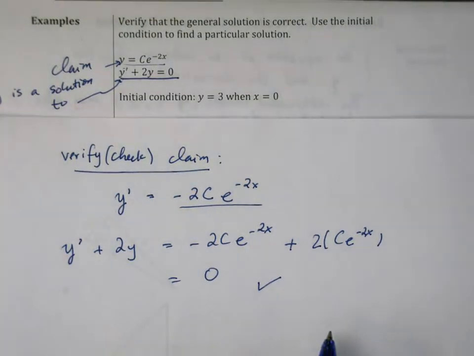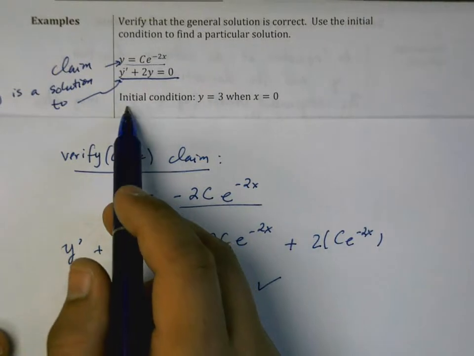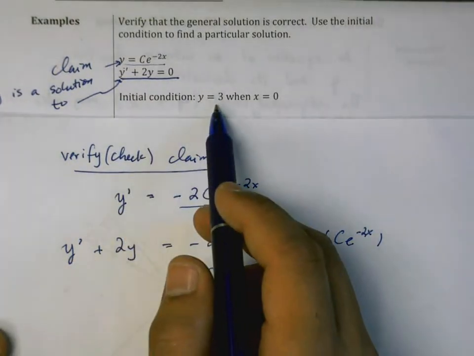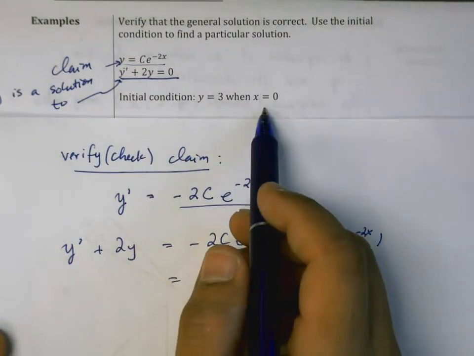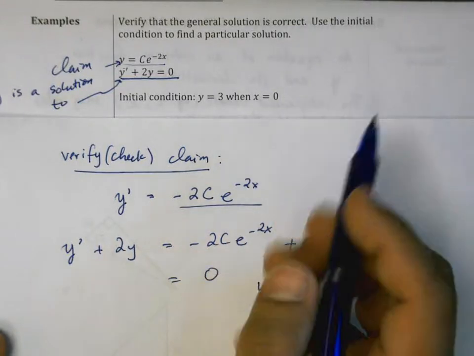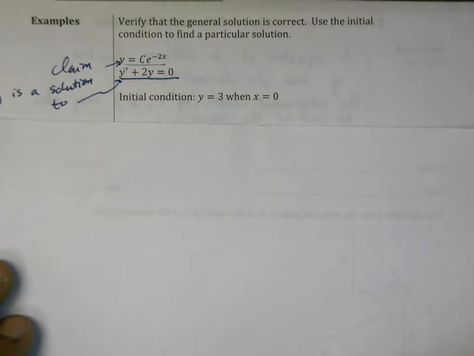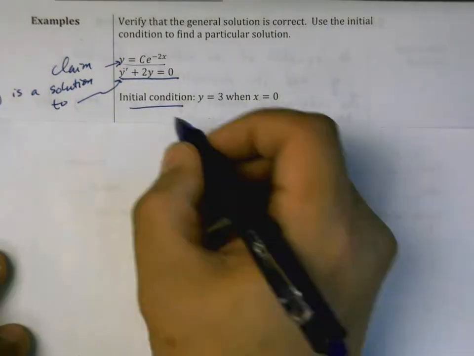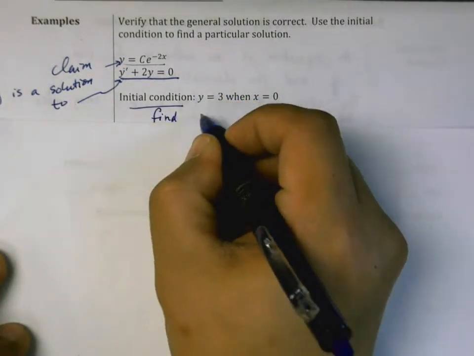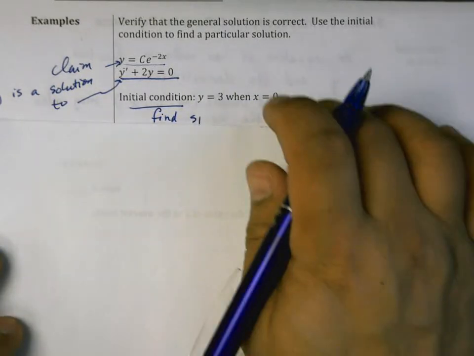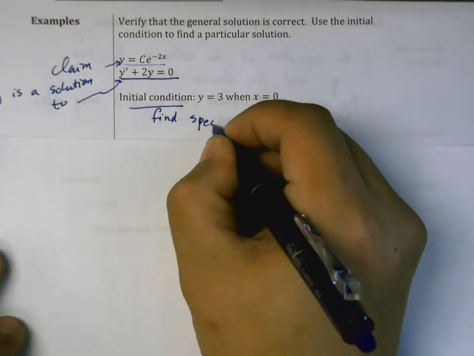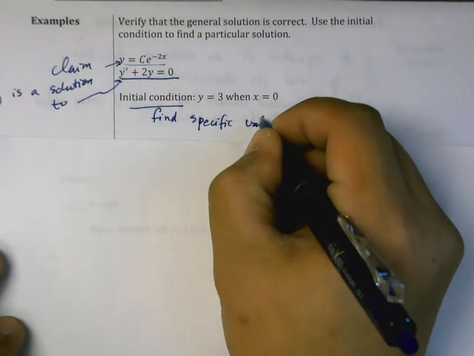In the next part, we're asked that the initial condition is that y is equal to 3 when x is equal to 0, and we want to find a specific solution. In other words, for the initial condition, we want to find a specific value of c.